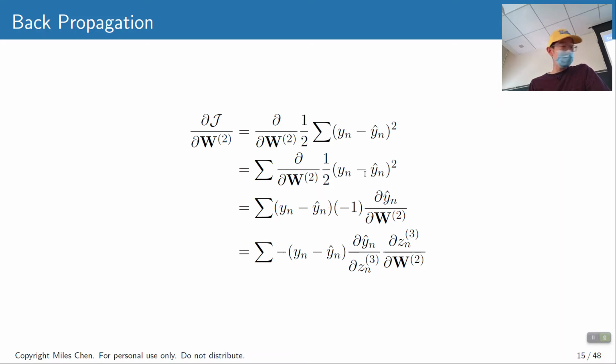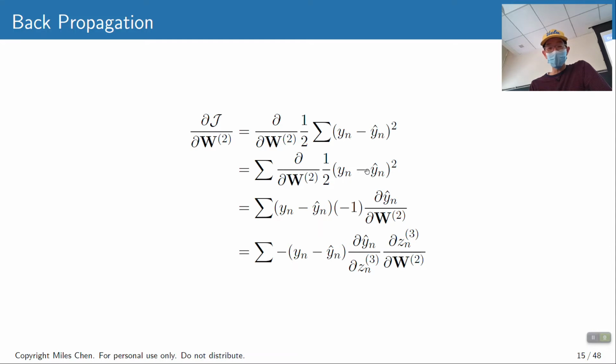Now, when W2 changes, what values change? Only the y hats change, the predictions. The actual values y are unaffected by W2, so there's no need to find the partial derivative with respect to yn. That just doesn't exist.